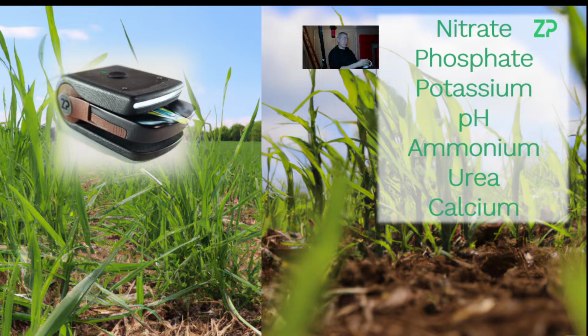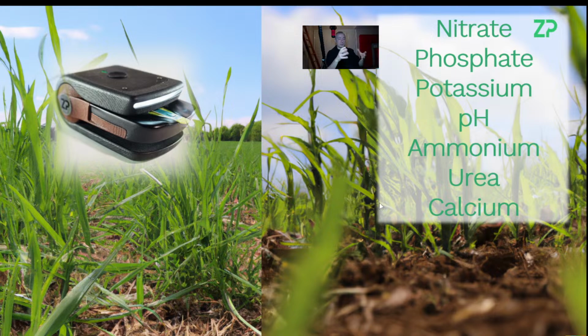So what's happening at ZP is that we're able to take our ISO 13485 contract development and contract manufacturing skills and reposition them into precision agriculture. With the addition of nitrate and phosphate, we have the NPK panel: nitrate, phosphate, and potassium. The background today is really discrete soil measurement, but it's not just the instrument.